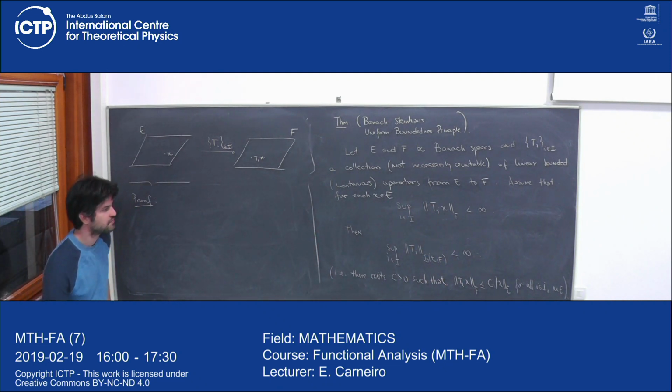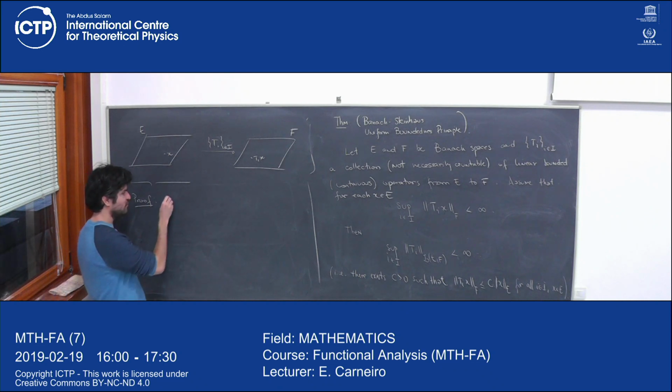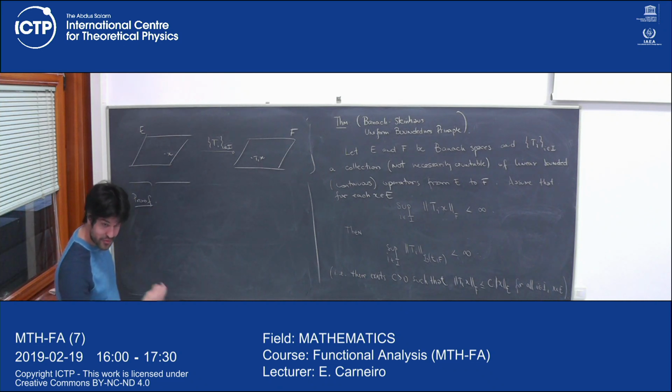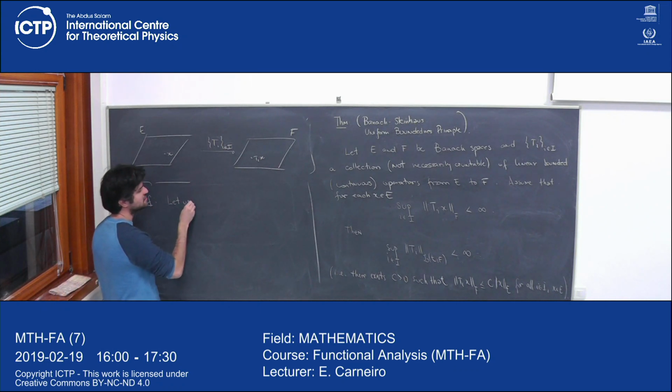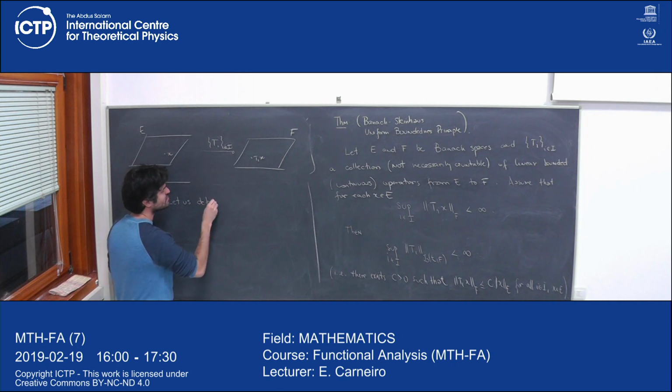The key idea for the proof, I'm telling you that we want to use Baire's category theorem. So we have to define those sets appearing in Baire's category theorem. Okay? So once we have defined them correctly, the rest of the proof will just follow smoothly, as we'll see. So let us define the sets.